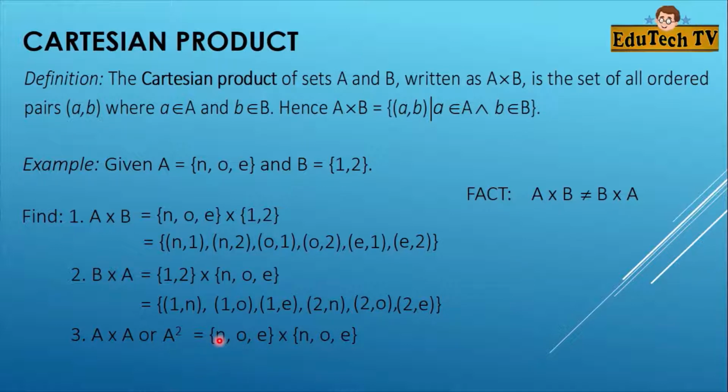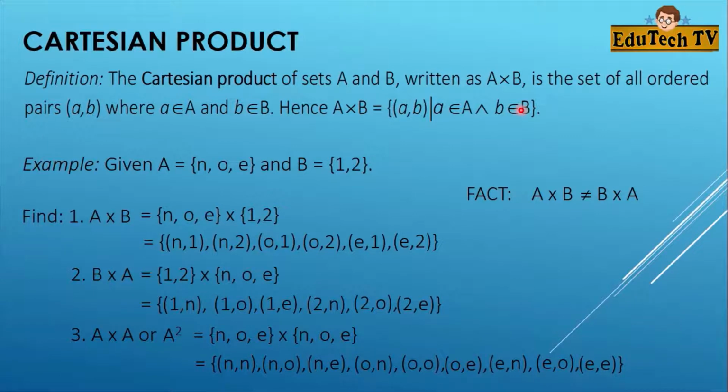We just have to multiply N and N. So we have N, then N. That's not N squared, okay, that's N and N. Next, N O. Then we'll have N E. Next, O N, O O, O E. Then E N, E O. Lastly, we have E and E. Okay, so this is the product of A times A. So that's all about the Cartesian product.